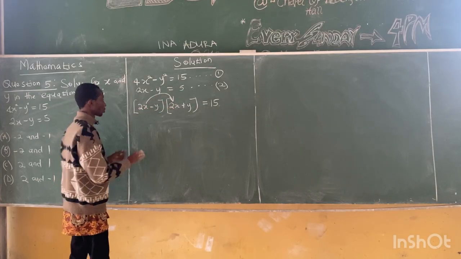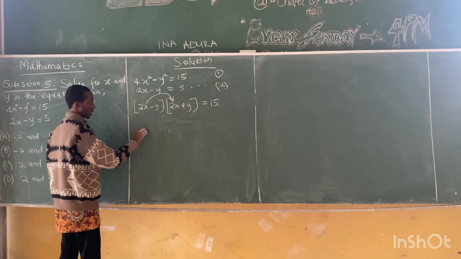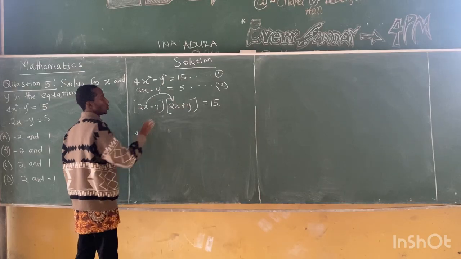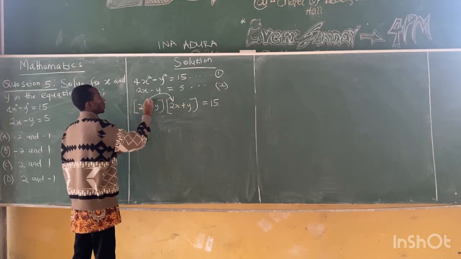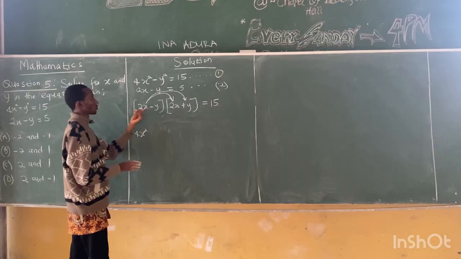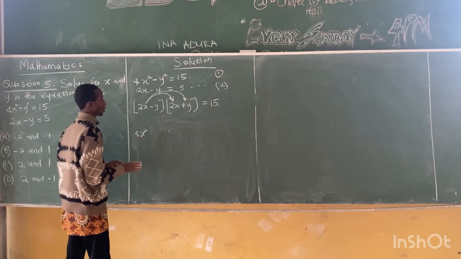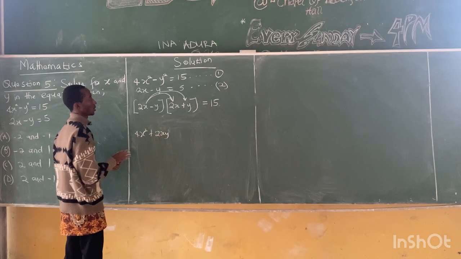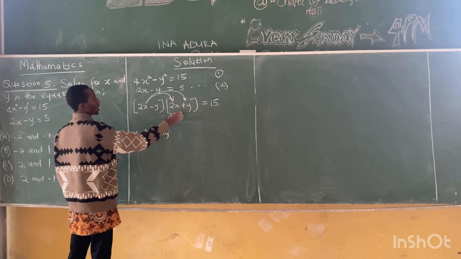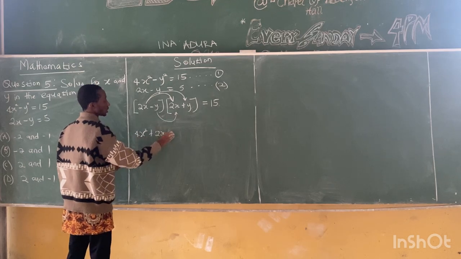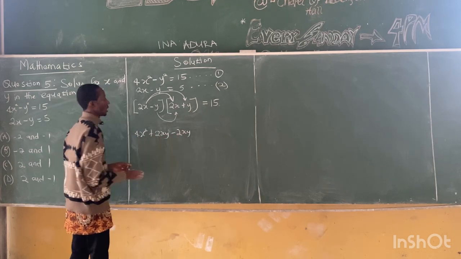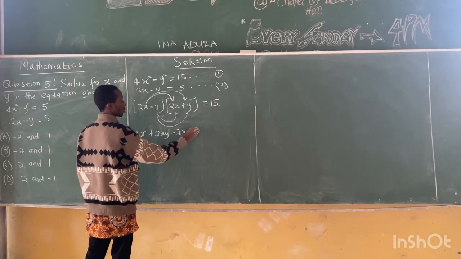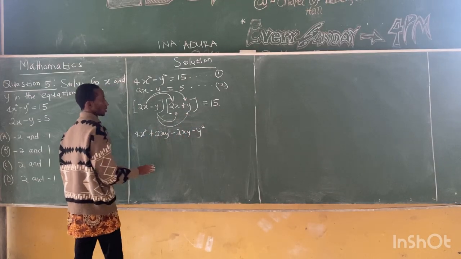2x times 2x will give us what? 4x squared. This same 2x will multiply the next value in the other bracket: 2x times y will give us plus 2xy. If we use the second term to expand this bracket, this will give us minus 2xy, and this will give us minus y squared.